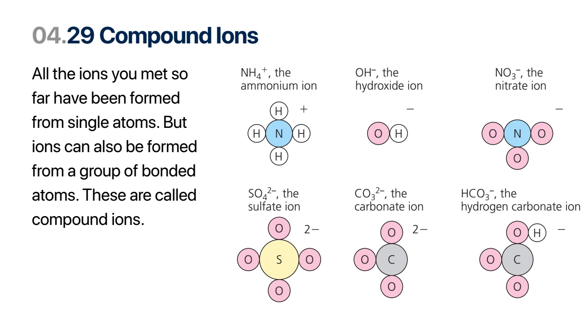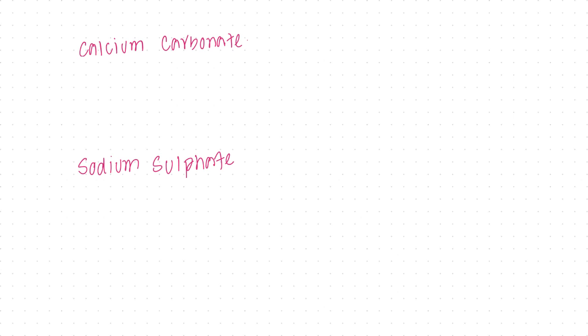Let's look at an example. Let's say a question says calcium carbonate and you want to know the chemical formula for calcium carbonate. You need to know exactly what the carbonate ion looks like and what charge is on it. By what it looks like, I mean its chemical formula, not its shape, like we saw in the last slide.